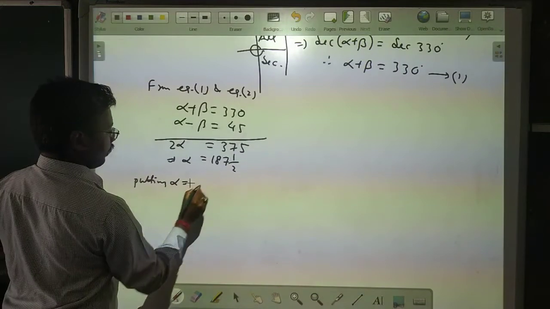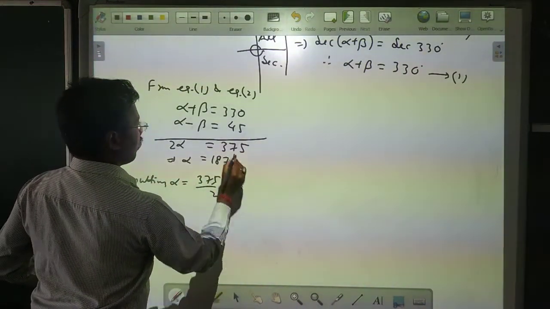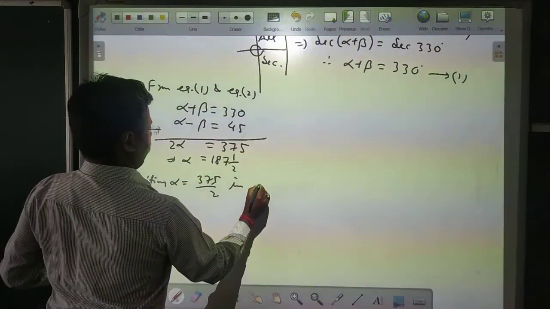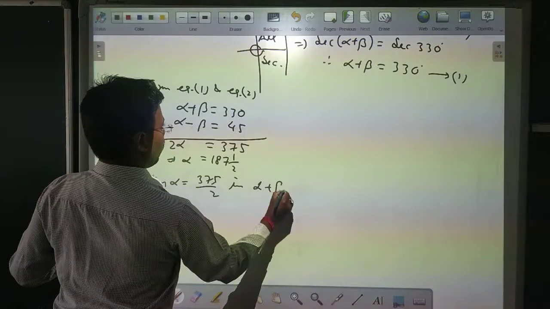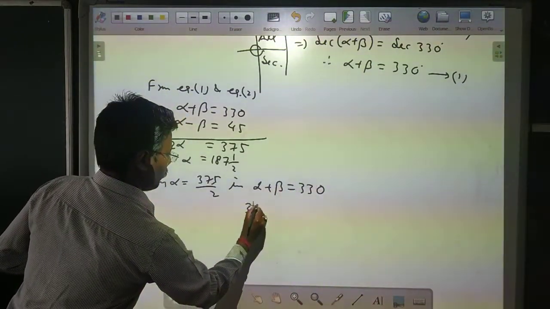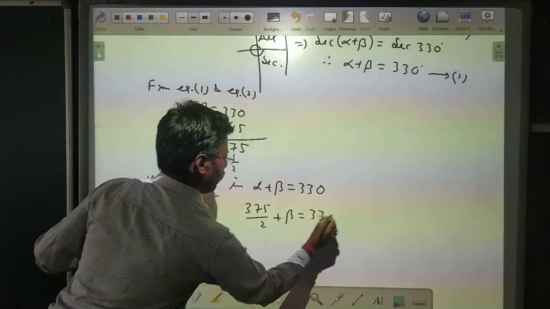Putting the value of alpha as 375 by 2, you can take any equation, alpha plus beta is equal to 330. We get 375 by 2 plus beta is equal to 330.